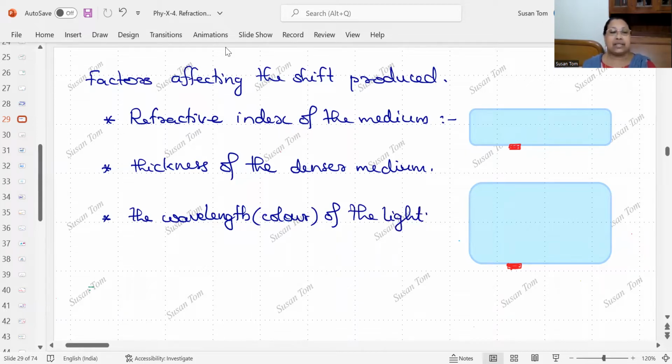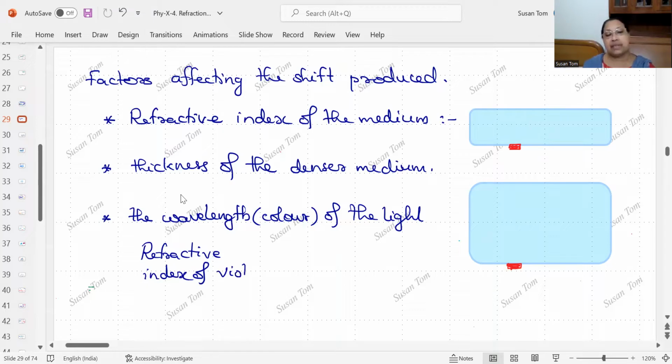Here, you need to understand the refractive index of violet, mu. We already studied this in A part. The refractive index of violet color means the bending produced by the violet color.